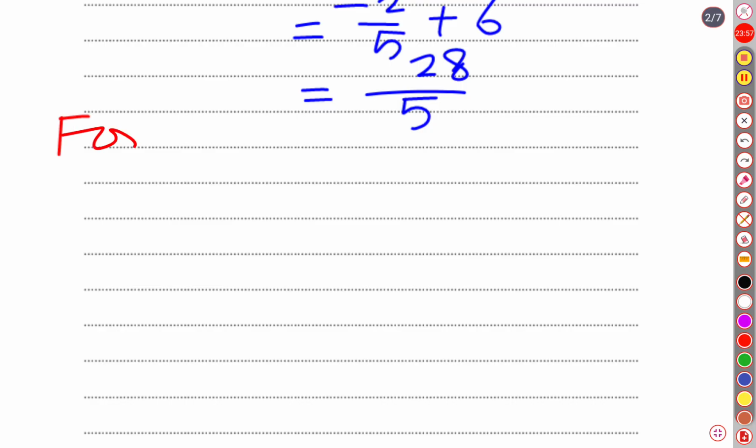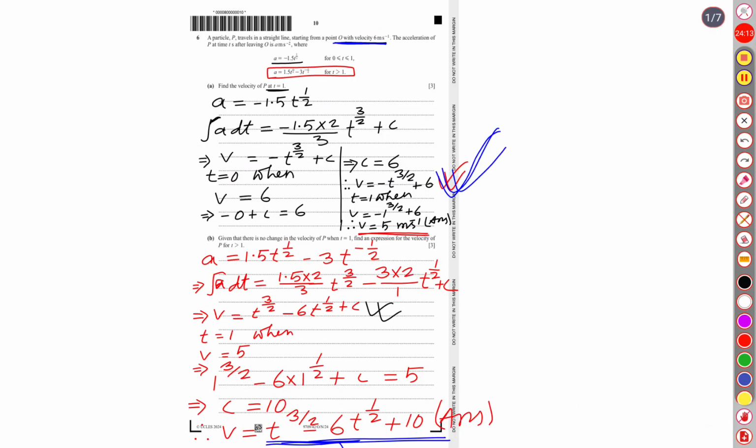For 1 until t less than or equal to 4, v is equal to, already the expression has been written in question number A. We have written for the second phase, v is what? t raised to 3 over 2 minus 6 t raised to half plus 10.